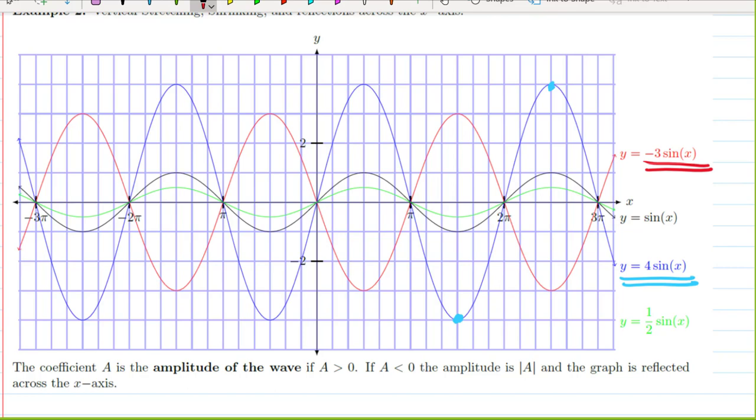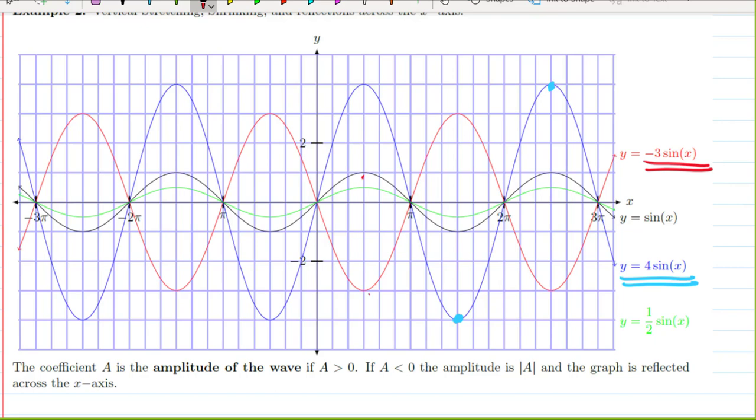We also have, if we look at this one right here, we have 3, but this time it's negative. So when we have a negative, not only does that stretch the graph by a factor of 3, but the negative sign also reflects. So we'll notice here on our black graph, our max was at positive 1, but now, instead of being a max, it got reflected across the x-axis and it ended up down here at negative 3.